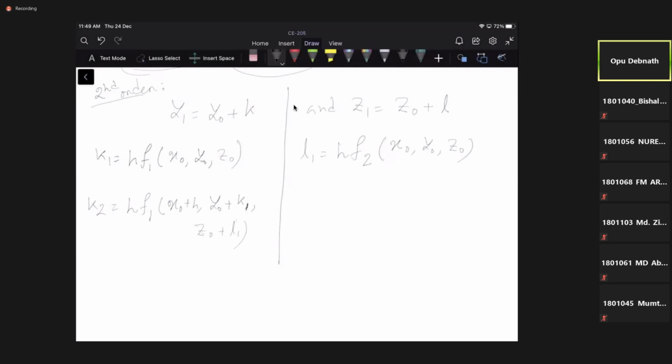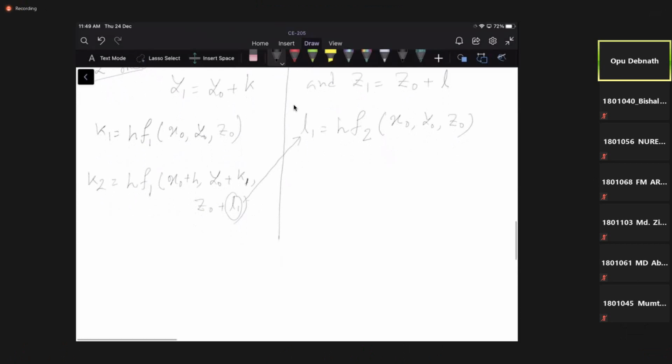Okay, so this L1 value you will get directly from this. That means while you are solving a problem, you need to go for side by side, simultaneous solution, and then you will come for L2. The L2 will be h f2 of x0 plus h, y0 plus k1, and z0 plus L1.